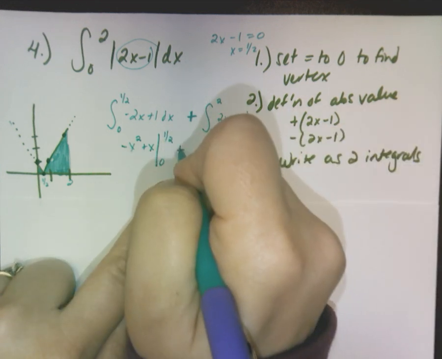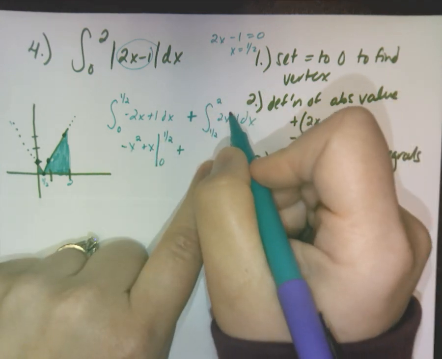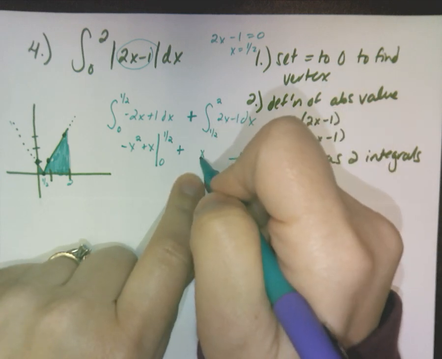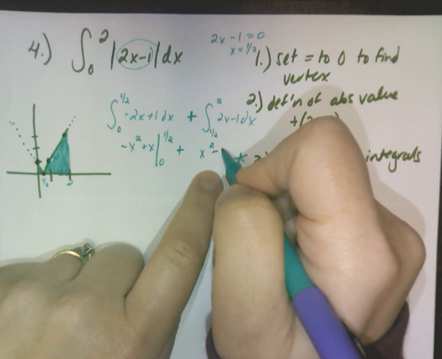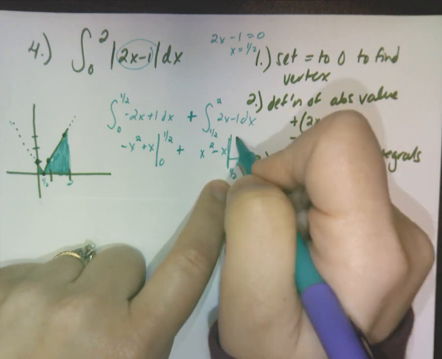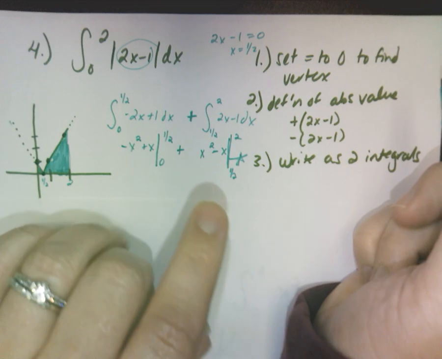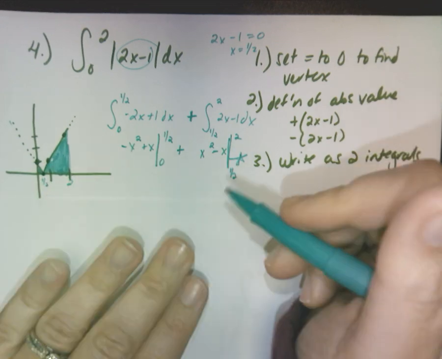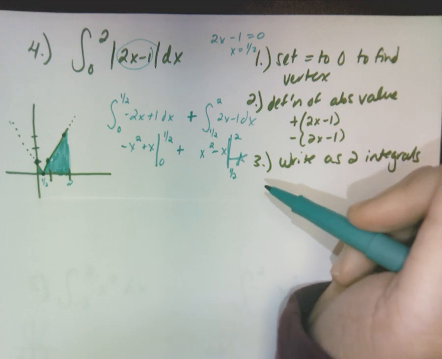Then you're going to do this one. Add 1, which would be 2, divided by 2 would be just x squared minus x. And you're going to integrate this from 1/2 to 2. So you're doing two at the same time because you have two areas. This is very important for what we're doing tomorrow.